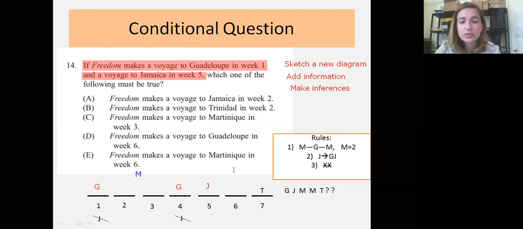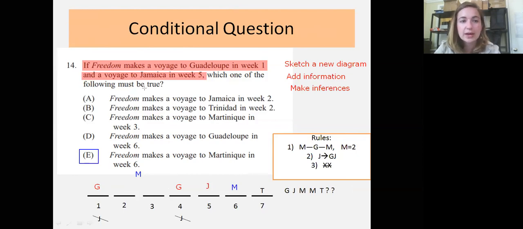And then that's going to force my other M into space 6, that's the only way that I'm going to be able to have an M with a G and then another M after it. So 2 M's with a G in between. And based on that inference, I'm able to choose answer choice E, that M is going to be in week 6.